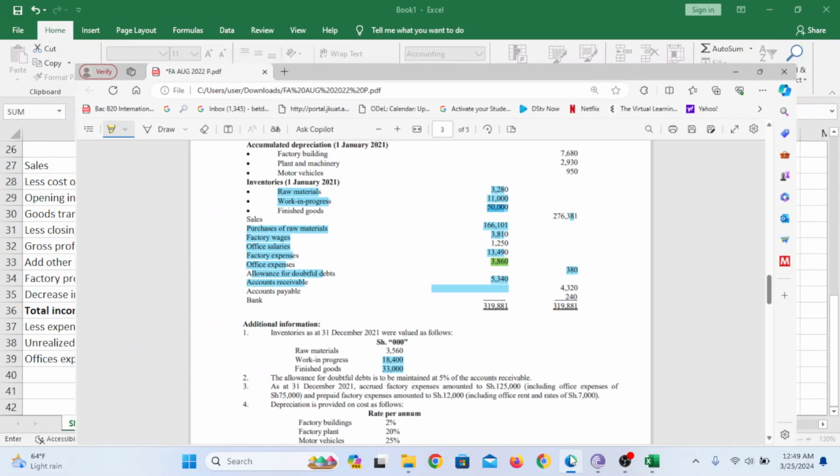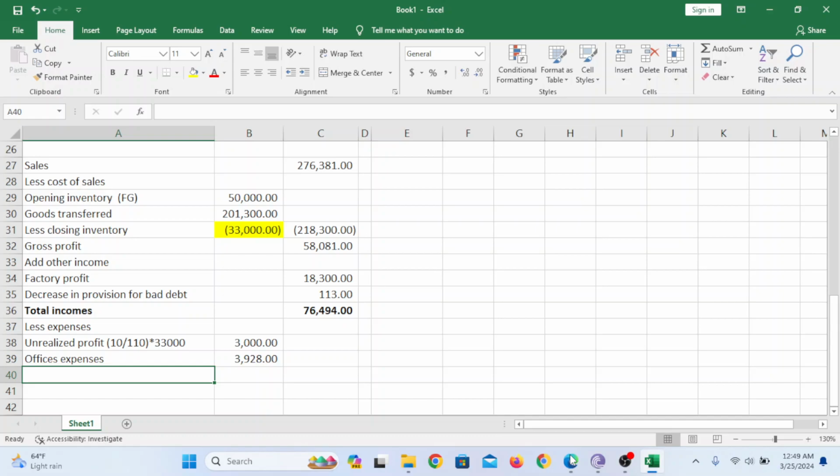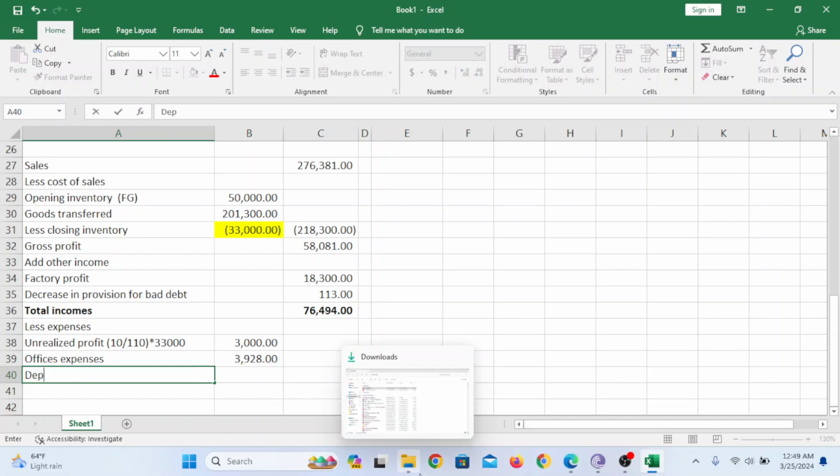The prepayment for office is 7. So it is giving me 3928.